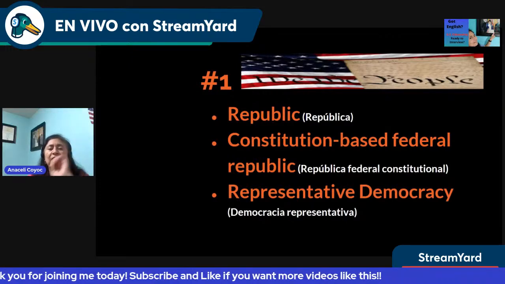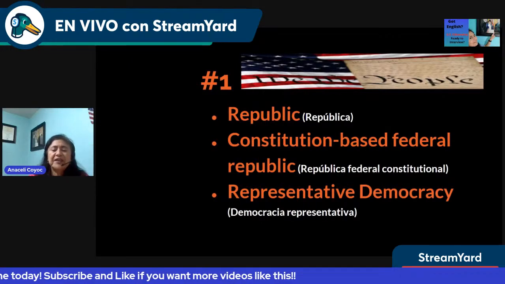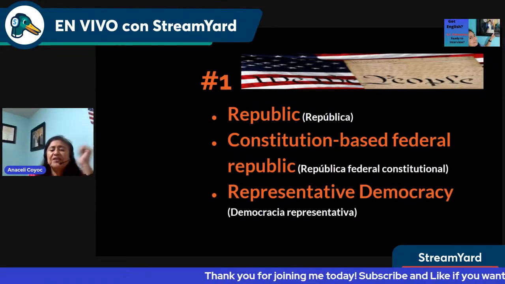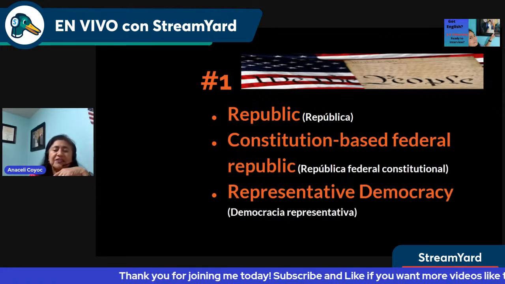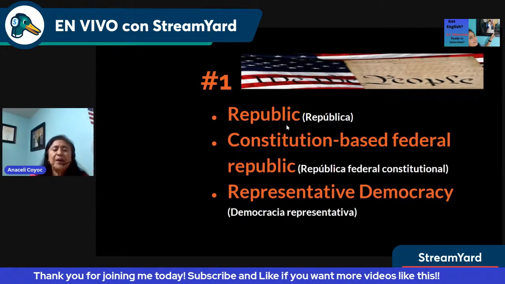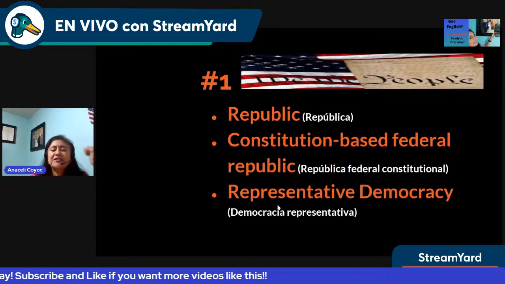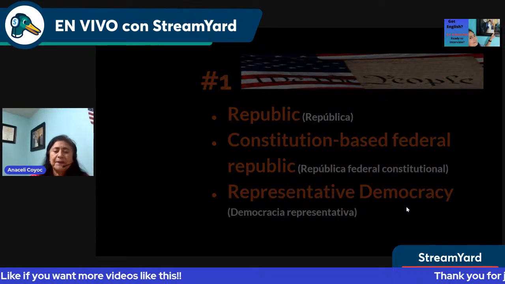We elect our representatives who work in Congress, in the House of Representatives and in the Senate. We also elect our president. So 3 parts: it is a republic, a constitution-based federal republic, and a representative democracy.